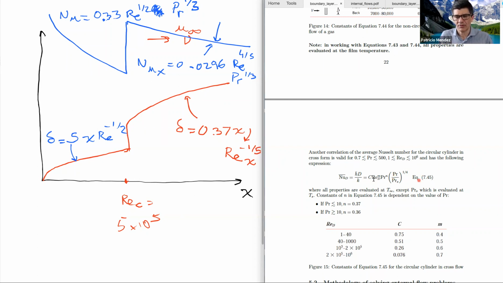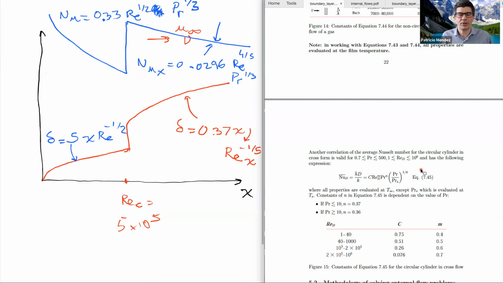So what they have done, they say, okay, you calculate everything at the temperature of the fluid far from the surface, that is this T infinity. And this very strong gradient in temperature at the thermal boundary layer, which is also a strong gradient in properties, we're going to account for with this ratio of Prandtl at the flow temperature divided by Prandtl at the surface, to the 1/4. Although you see this 1/4 that is so elegant, it's not true.